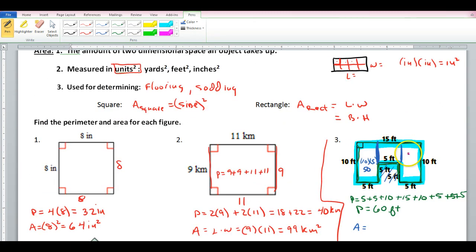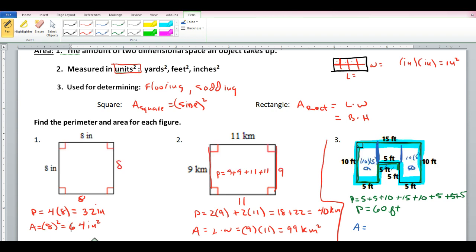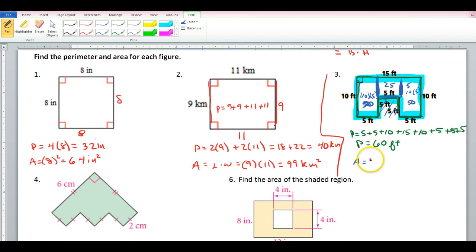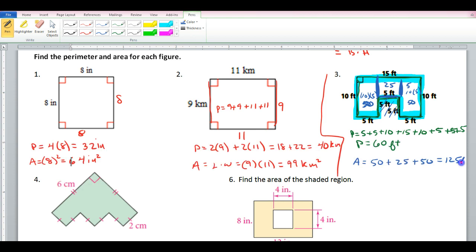Okay, this one here would be 10 times 5, which is 50. Then this one would be basically 5 times this piece here is 5, which would give you 25. So now to find the area, we just add those 3 rectangles up. So you'd get 50 plus 25 plus 50, which is 125, and still feet squared.